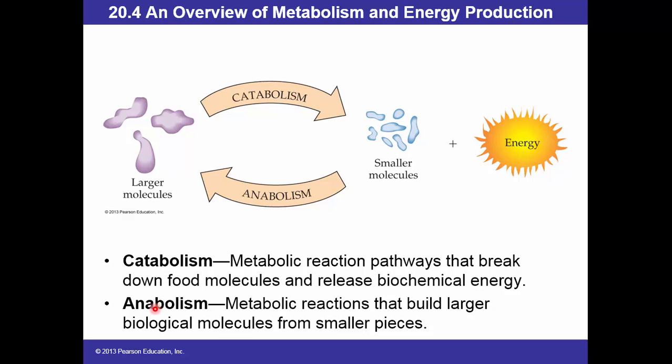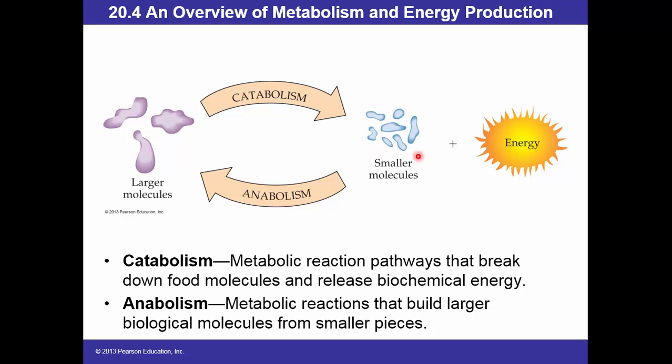In anabolism, the opposite: metabolic reactions build larger biological molecules from smaller ones. Now, catabolism is energy releasing, oxidative in nature. Large molecules are broken down to smaller ones. Anabolism is reductive in nature, energy requiring, where small molecules are used to build larger ones.